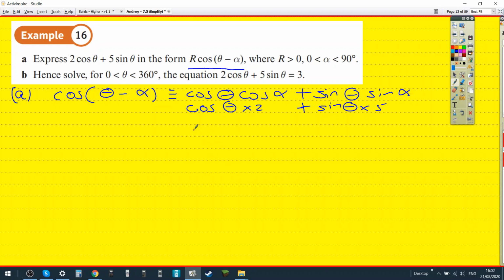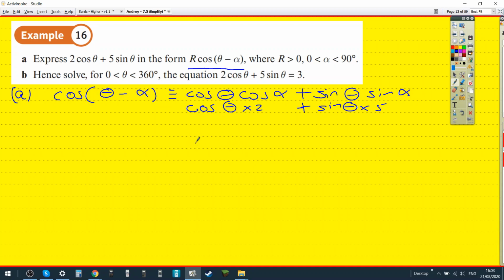What do you know about cos alpha and 2? Are they the same? Yeah.